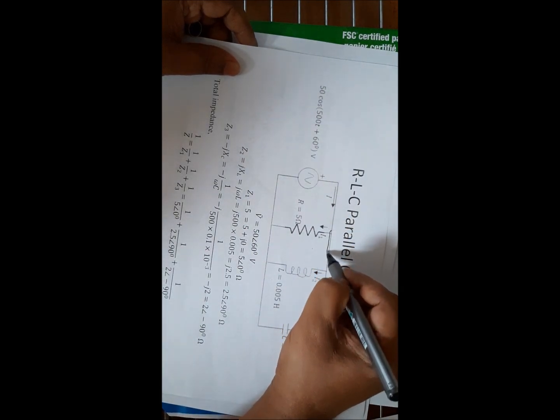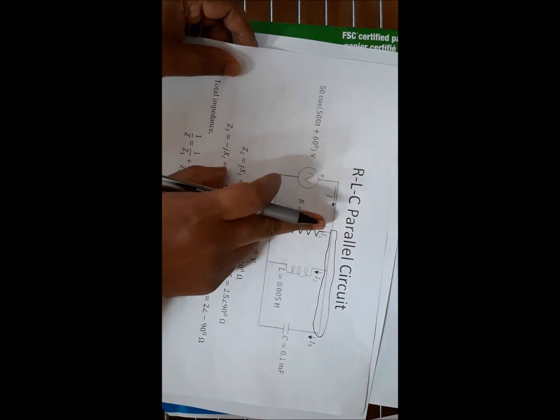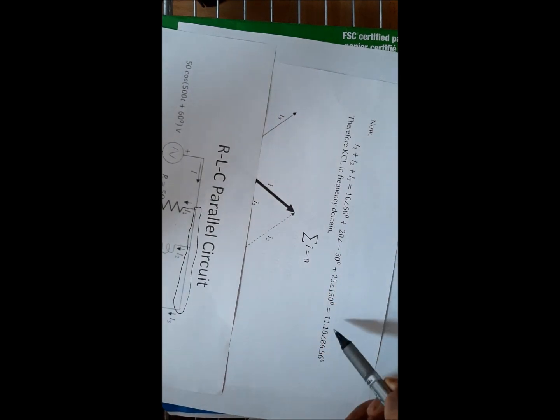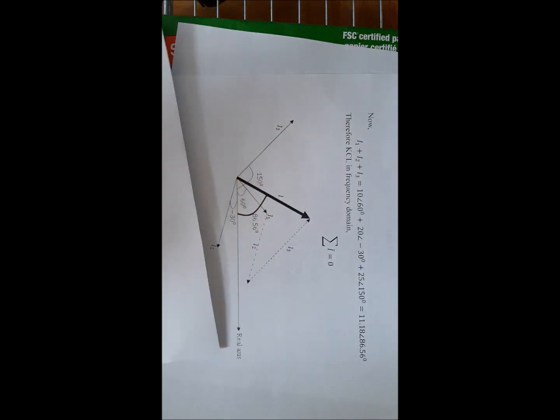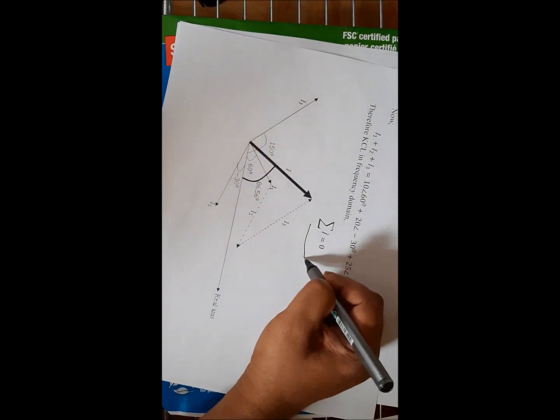According to the KCL, if we apply KCL in this node, then this entering current is equal to the sum of the leaving currents, and we can also prove that the sum of these leaving currents and the entering current, the total current, are the same, 11.18. So KCL holds. Similarly, we can prove that Kirchhoff's voltage law also holds in frequency domain.